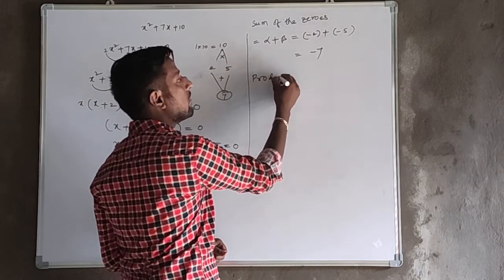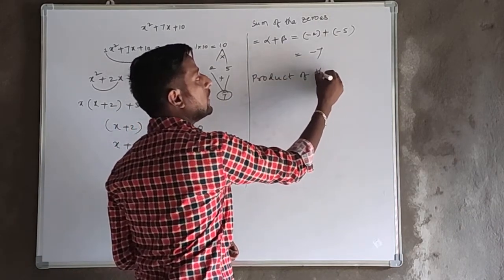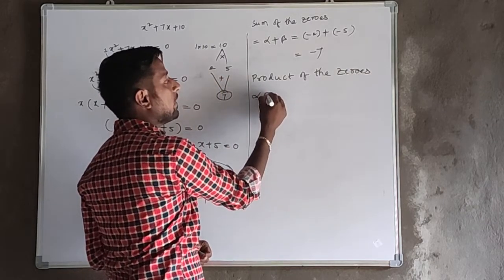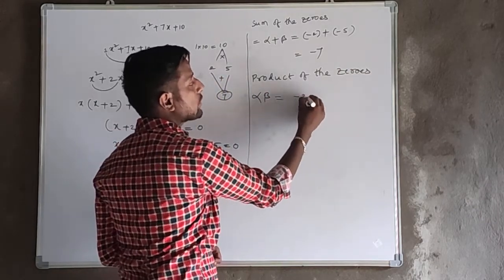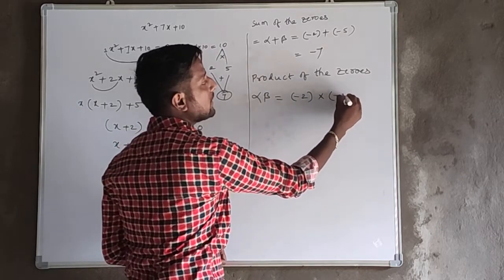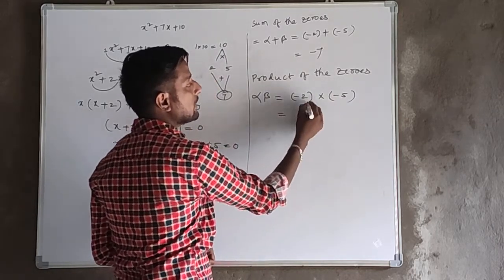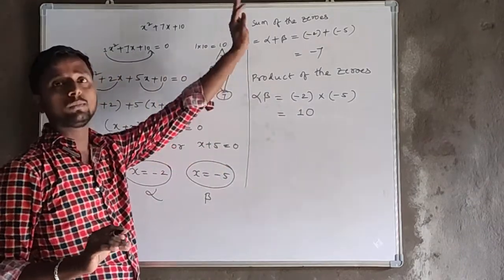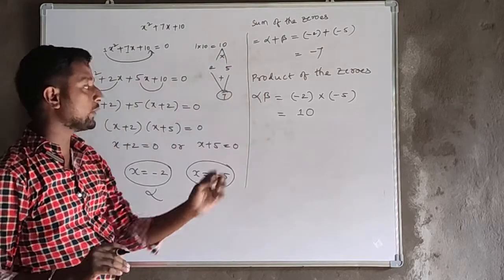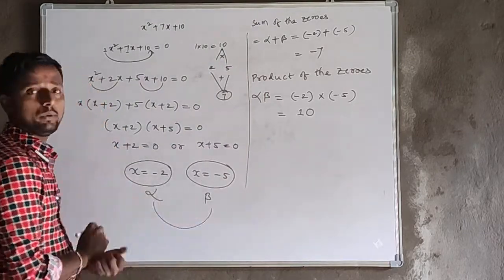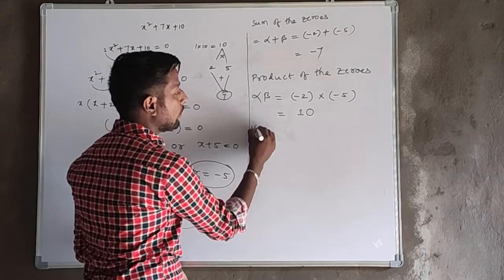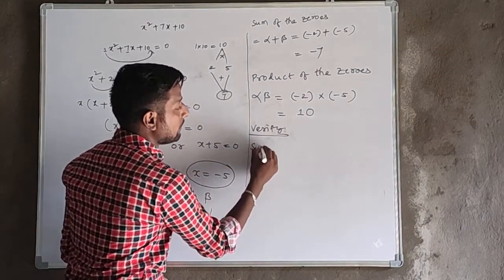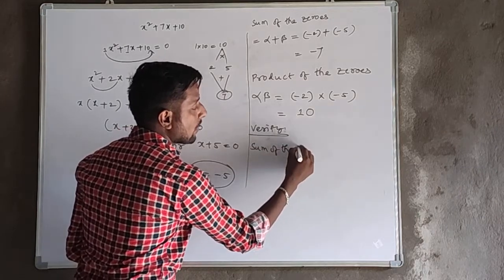The product of the zeros, that is alpha beta, that is minus 2 into minus 5. Minus into minus is plus, 2 fives are 10, so the answer is 10. So now I found the sum of the zeros and the product of the zeros from the zeros of the polynomial. Now we will do the verification.